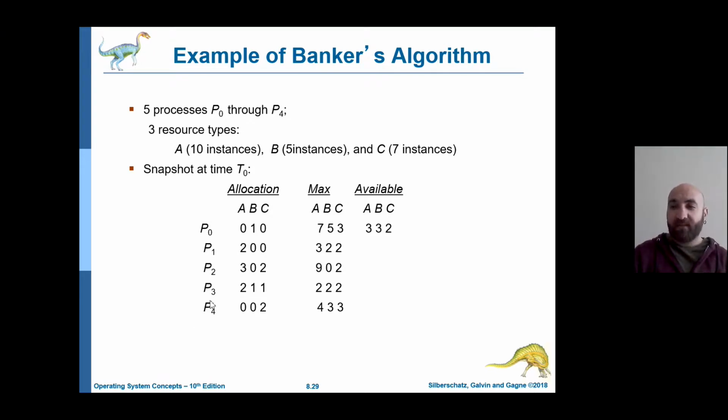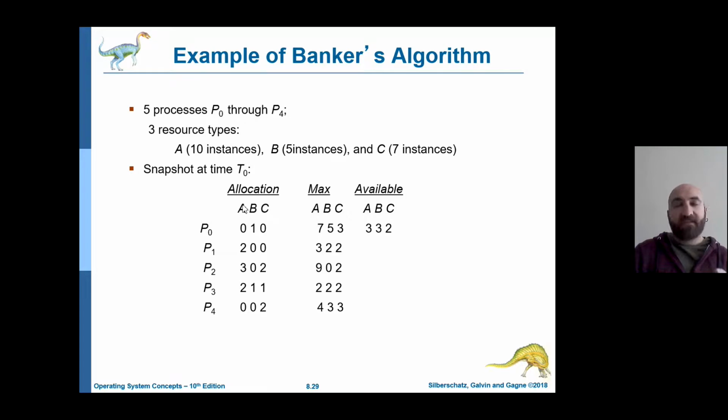Actually, we can describe it like that: P4 needs 4 instances of A, 3 instances of B, and 3 instances of C to complete its task. And this is the allocation matrix.